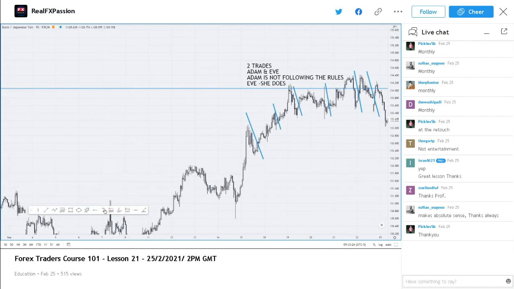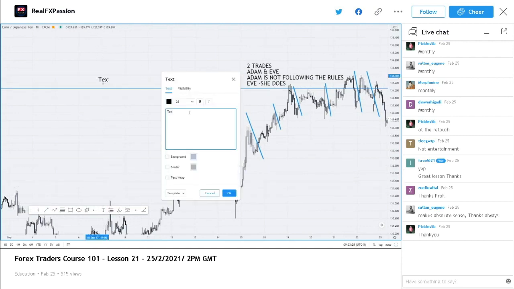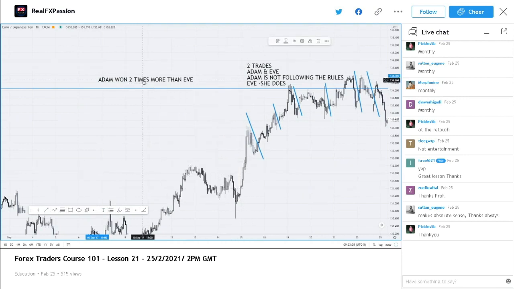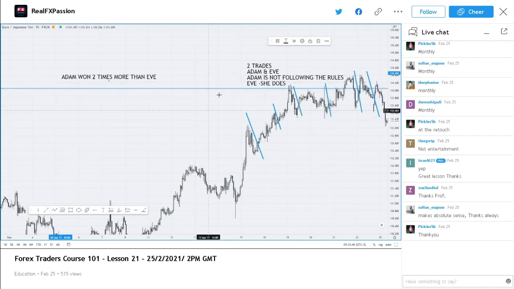Adam won 2 times more than Eve, right? The 2 prior entries, the market didn't react to the pivot point, at least not near the area. So Adam won 2 times more than Eve, right?